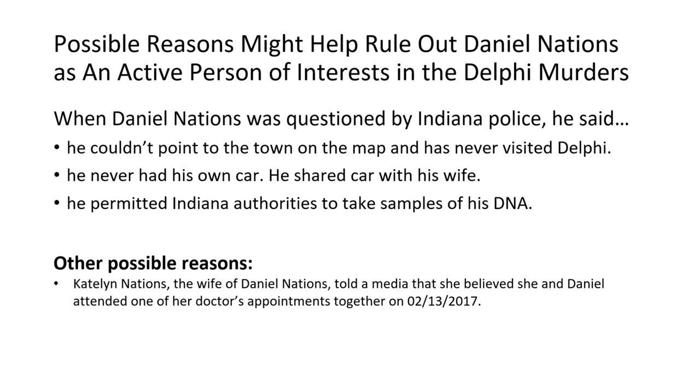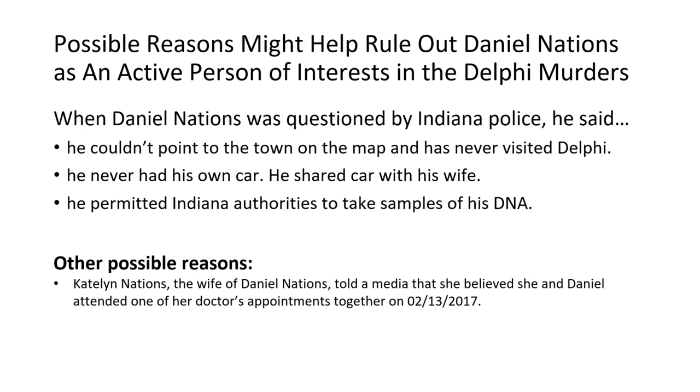After Daniel Nations was released, he was interviewed by reporters. He told the reporters that when he was questioned by the Indiana police, he said he has never visited Delphi, even though he lives in Indiana. He has never owned a car. He also gave permission to the authorities to take his DNA sample.